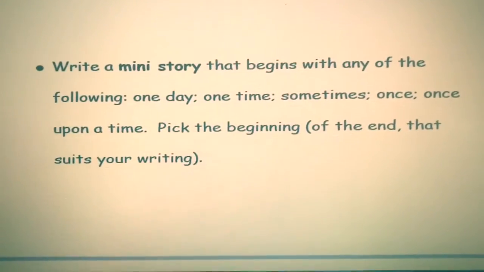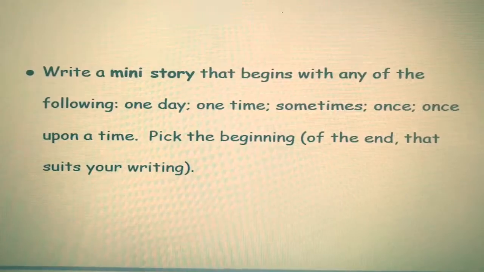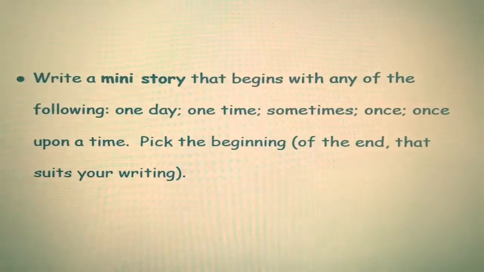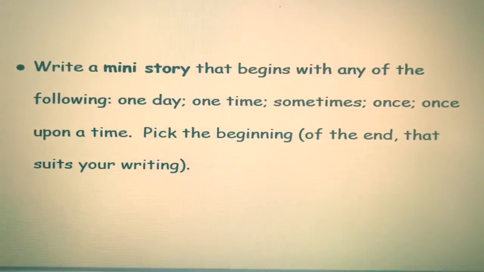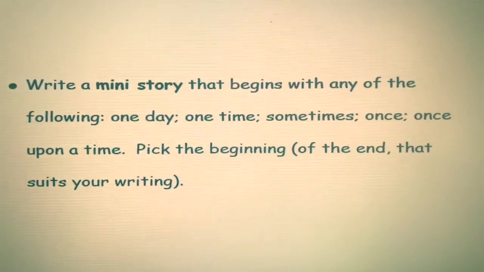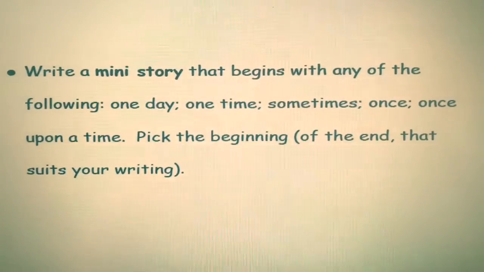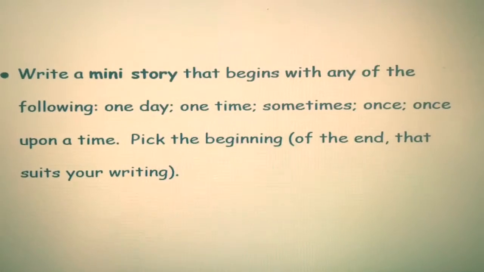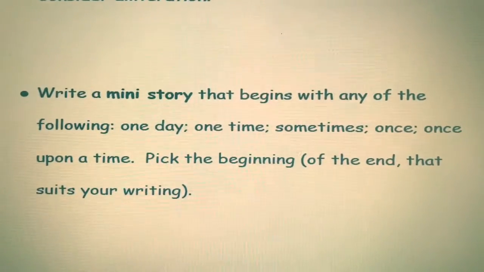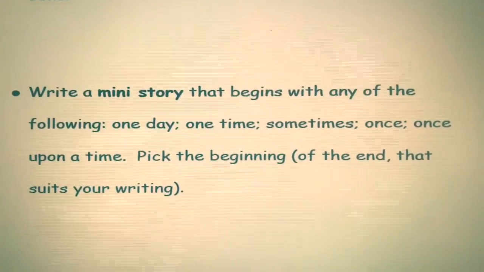Okay, now the third part of this type of free verse poem is write a mini story that begins with any of the following: one day, one time, sometimes, once, once upon a time. You're going to pick the beginning that suits your writing. So whatever you're writing about, you pick that word or phrase that kind of goes along with it.